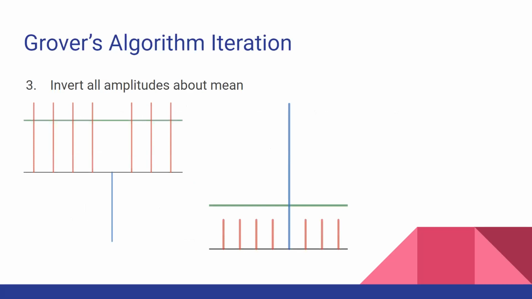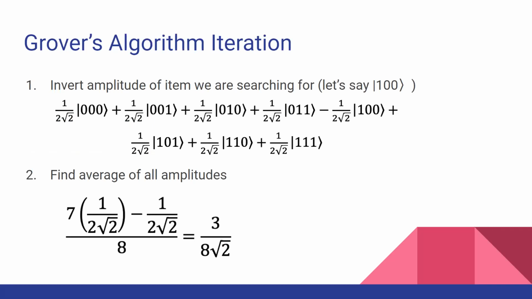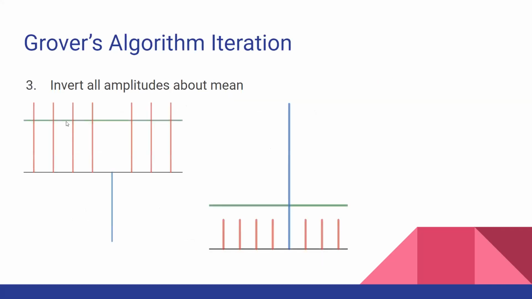Now what we need to do is invert the amplitudes about the mean. This mean, 3 over 8 root 2, is represented by the green line right here. The red lines represent the probability amplitudes of all the elements other than 1, 0, 0. 1, 0, 0's probability amplitude is represented by this blue line.